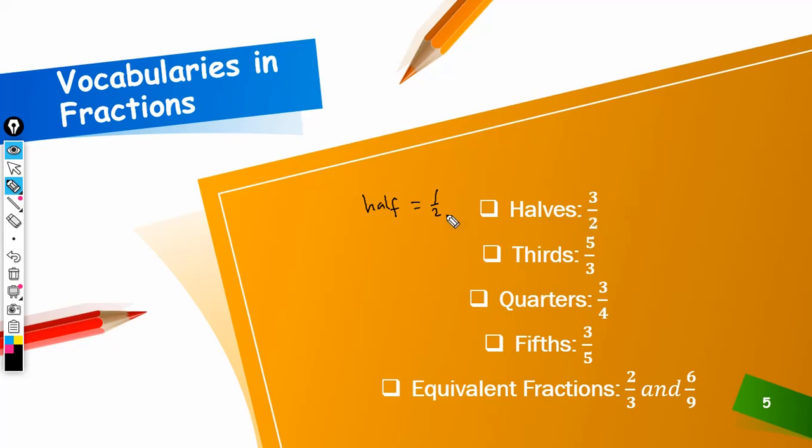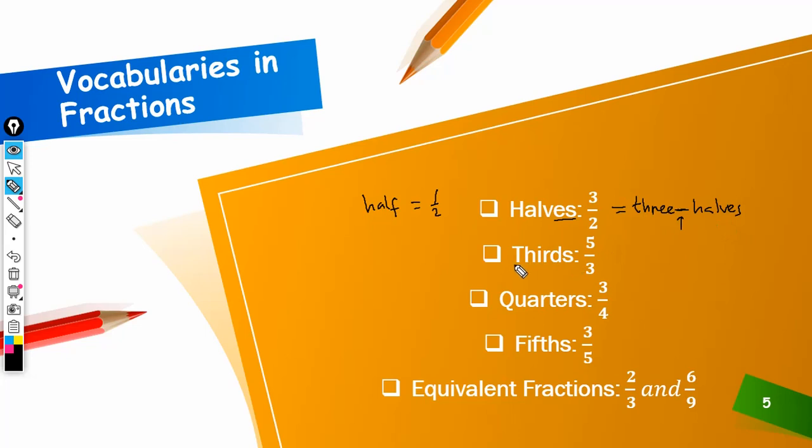If we have more than 1, for example 3/2, we can say 3 halves, with es in the end, because there are more than 1. Kalau lebih dari satu berarti plural. So we say 3 halves. And don't forget we put a hyphen, garis datar, in between 3 and halves.